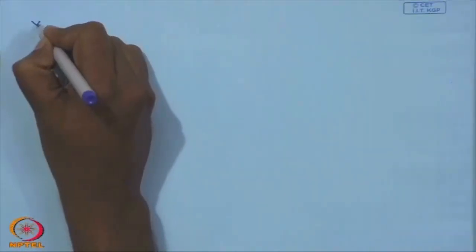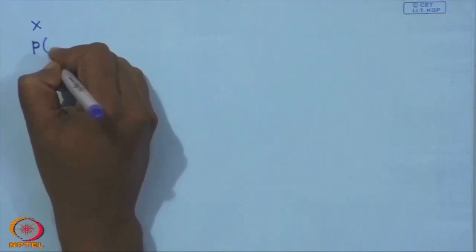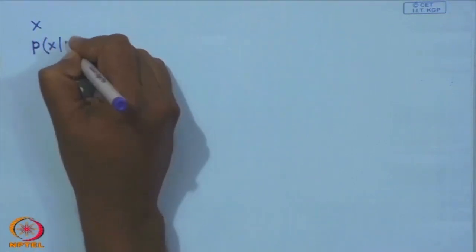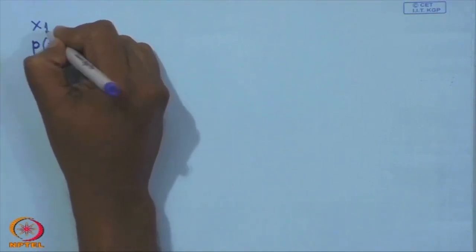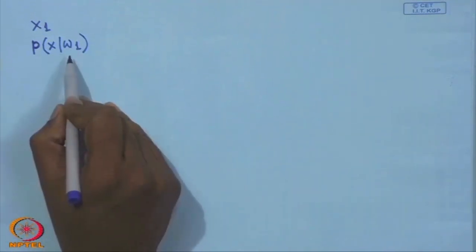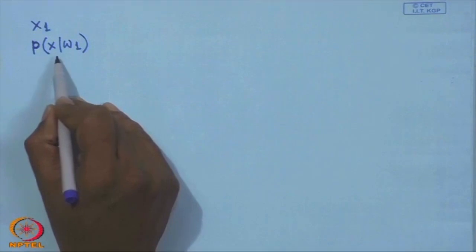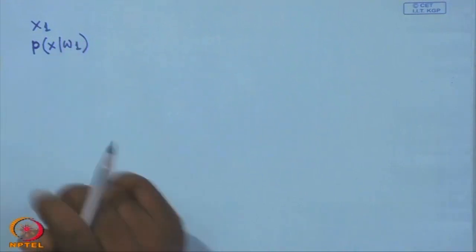Or in other words, what we have done is, we have this unknown feature vector, let me put it as x 1, and I have the class conditional probability density function, which is given by p of x given omega 1, that is the probability density function of the samples which belong to class omega 1.